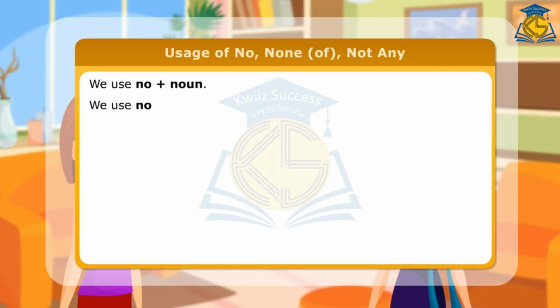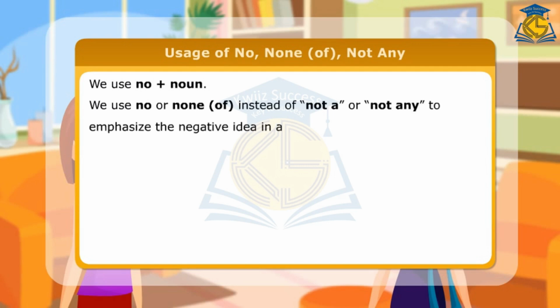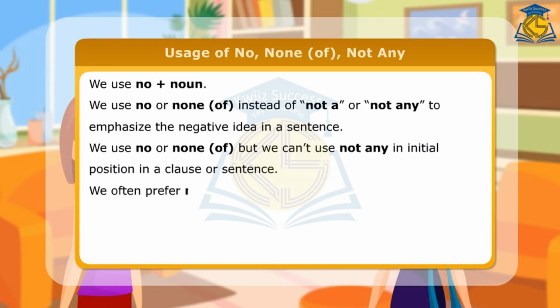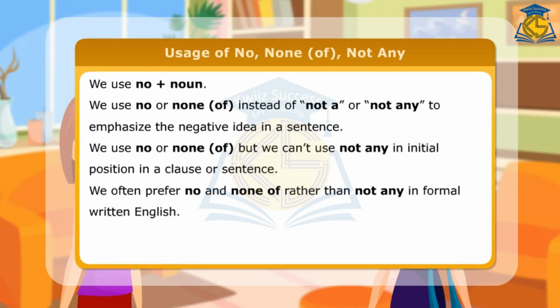We use no or none of instead of not a or not any to emphasize the negative idea in the sentence. We use no or none of, but we can't use not any in initial position in a clause or sentence. We often prefer no and none of rather than not any in formal written English.